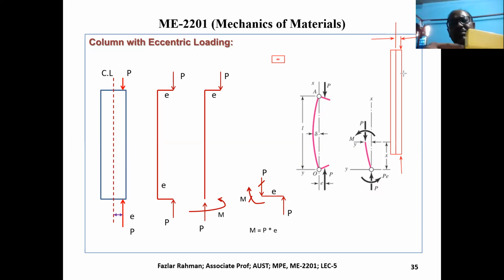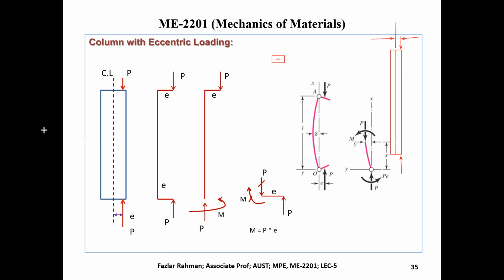But if I apply load at the corner, then what will happen? I'm applying the load vertically. You apply too much load and it is tilting. But why is it tilting? Because it creates some extra moment. So if you have eccentricity in a column, then you need to figure out the extra load coming due to the eccentricity. So that is this chapter.